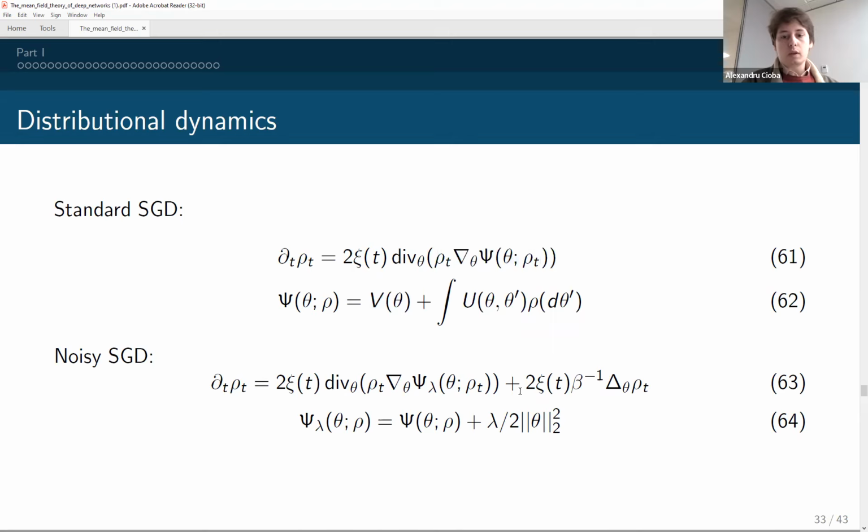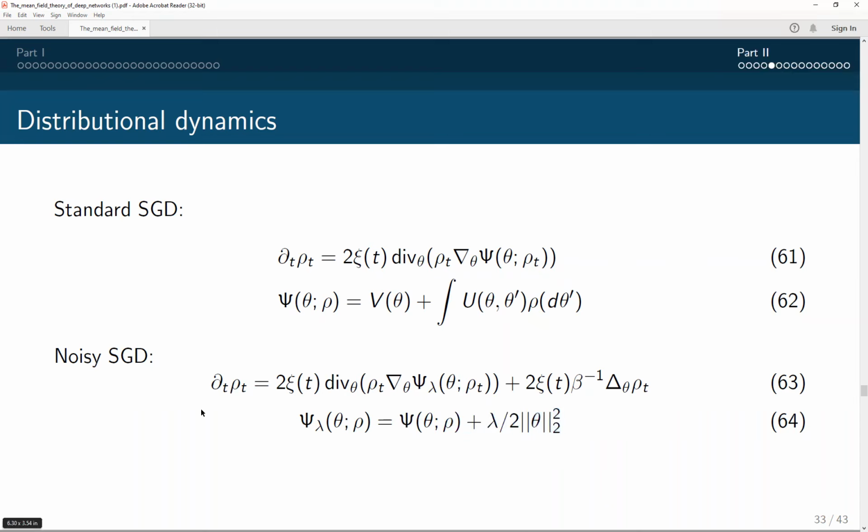And again, for noisy SGD, you have this extra heat diffusion term, where you see the beta parameter coming in, the temperature, the magnitude of the Gaussian noise that you're adding in the SGD steps. And you also need a certain regularization parameter here. This is mostly for the proofs making sense in this setting.